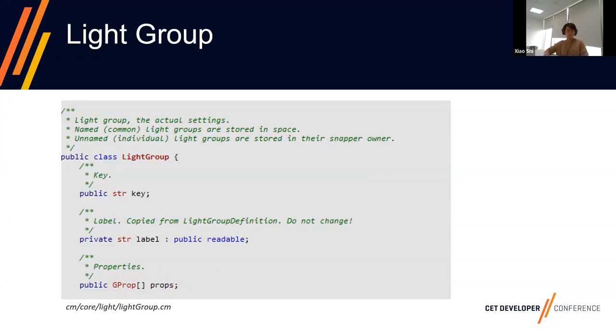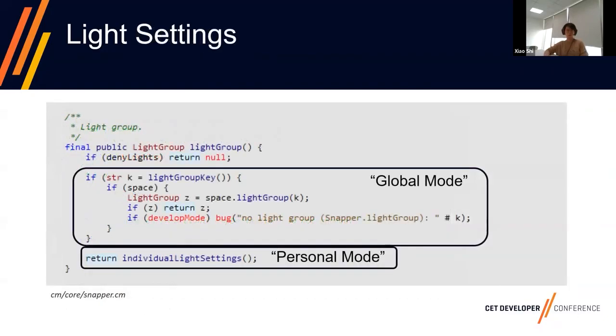Okay, so in Snapper, there is actually a method called light group, and that is the way that your own Snapper will reach this third-party class to get the light settings. And this one is in snapper.cm, and it's a final one. Unfortunately, you can't override it. And let's see a little bit of this logic. So here, if you're not denied lights, you'll naturally go down.